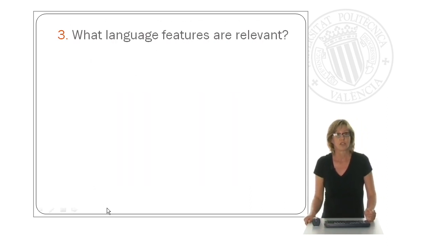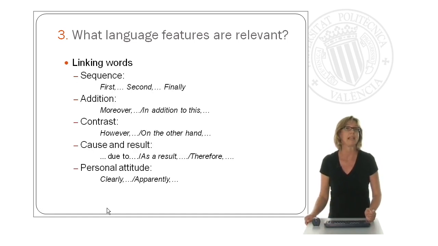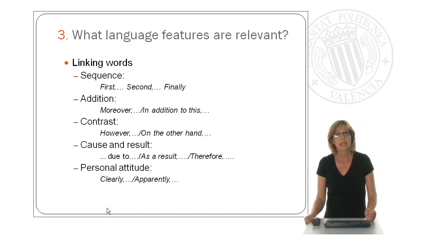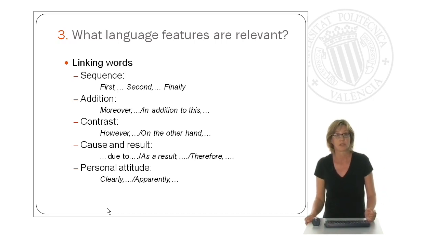In the third question, I ask you about the language features that are relevant for a business report. One of those features is the use of linking words. Linking words connect sentences and paragraphs, and in this way, help the reader understand the structure of your argument. What you can see on the screen are examples of linking words.